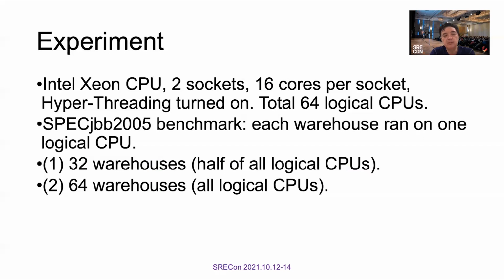The reason we picked this benchmark is we can run with each warehouse, but with each software thread running on one logical CPU. We can pin the logical CPU to 32 threads running on different cores, or we can pin it to 64 threads running on all logical CPUs.